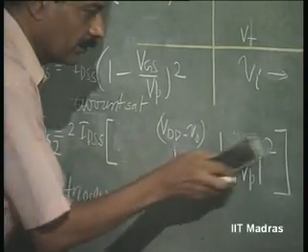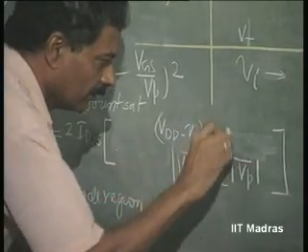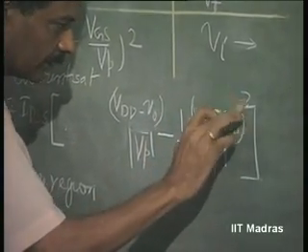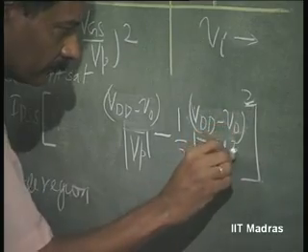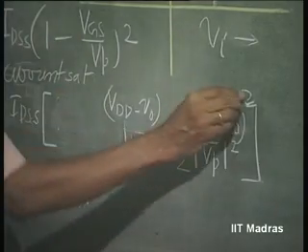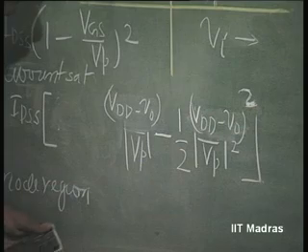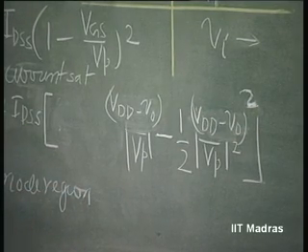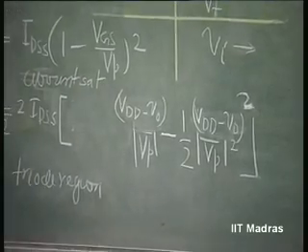This also is going to be VDD minus V naught square. So, this is the equation that one has to satisfy.